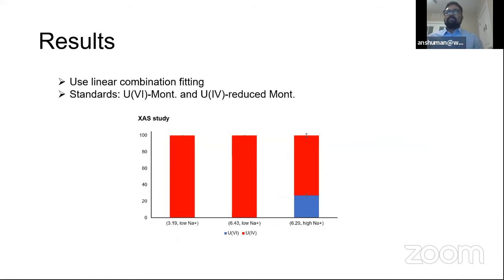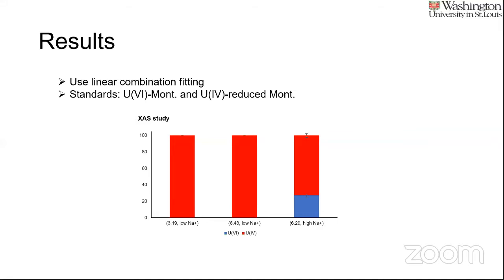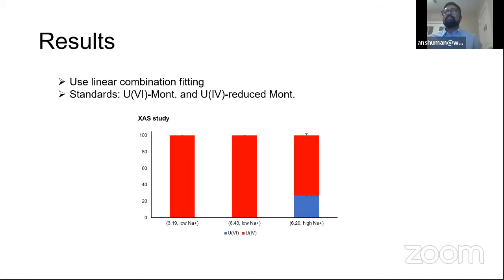Now, we did something called linear combination fitting, where you take the spectra of two different standards and try to fit the spectrum of your sample. And this is what we found with the linear combination fitting.